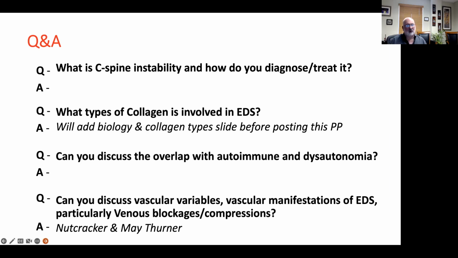That's like a whole topic for another podcast. Basically, what happens when you have any vertebral instability, with EDS, your discs can rupture spontaneously. You can have hypermobile joints inside your vertebrae, and it can pinch nerves.